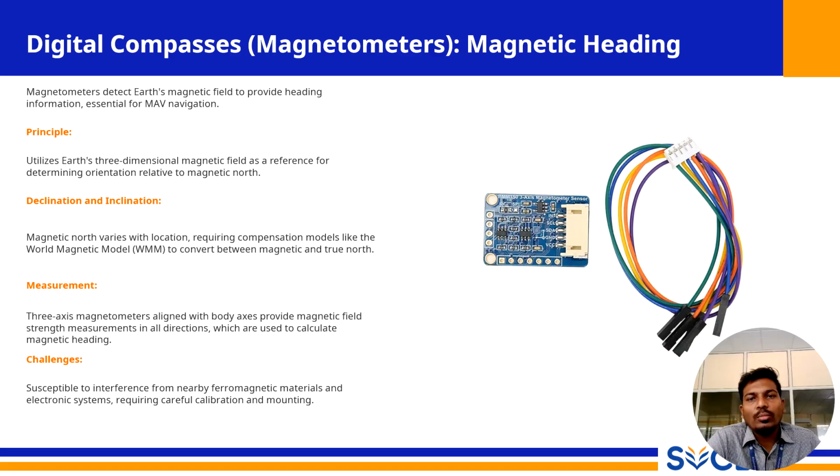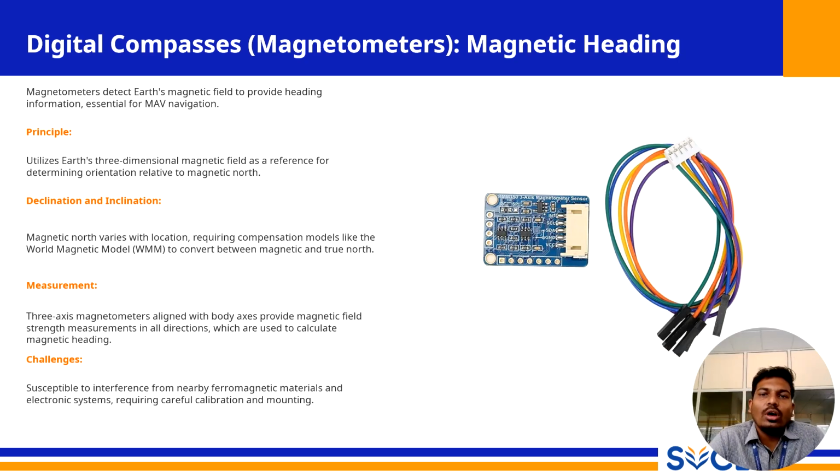The direction of the magnetic North Pole is not the same as the direction of the geographical North Pole, and the difference between them, known as declination, changes depending on where you are on the globe. Therefore, the MAV navigation software must use its current GPS position to look up the local declination from a model like WMM and apply a correction to get an accurate true north heading.